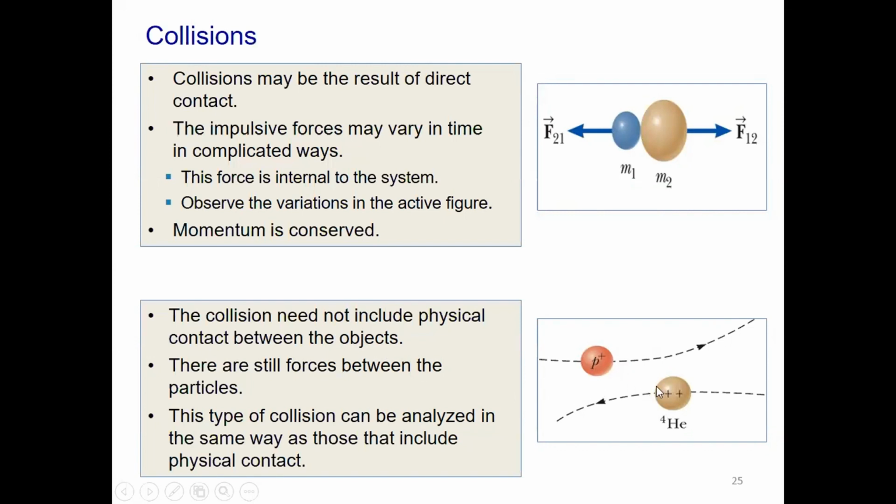Here we see another example in which the collision need not be a physical collision with physical contact. There are still forces that are applied, and the particles are under the force field. That is, the lines of force are there, and the particle is passing through in close vicinity, and then there is impact.